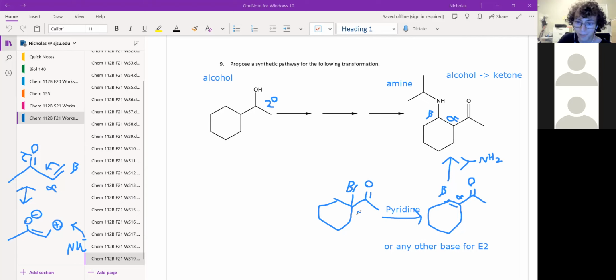And this bromine is on the alpha position. And that's basically the whole thing we've been doing today, adding halogens to the alpha position. So we can continue to work backwards to figure out what we had before that. We could have just had a ketone, and we added Br2 and some sort of acid. I'm going to put acetic acid, but it could be any other strong acid. It doesn't really matter.